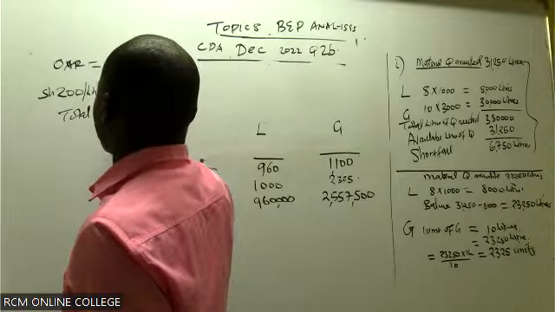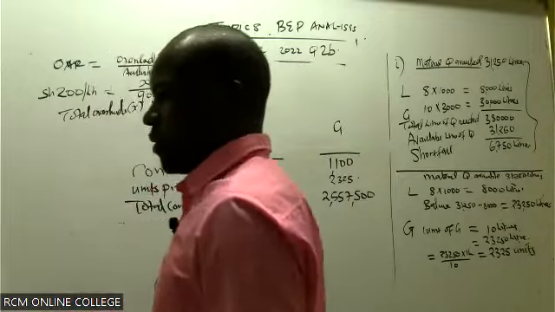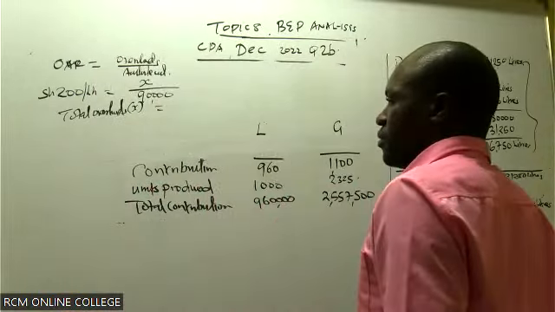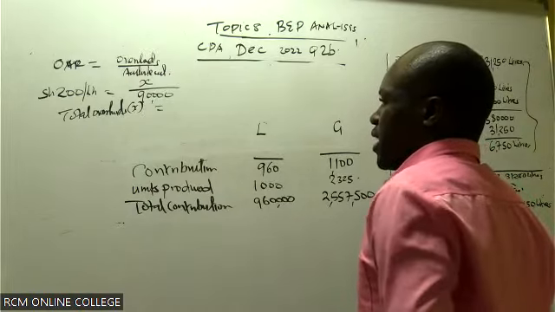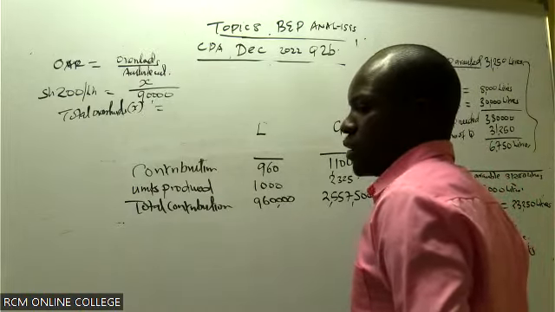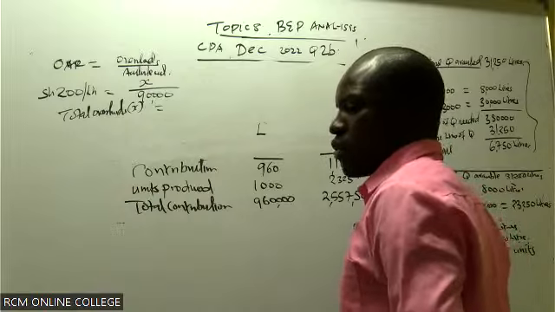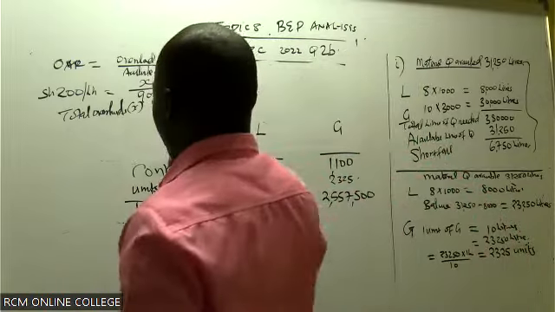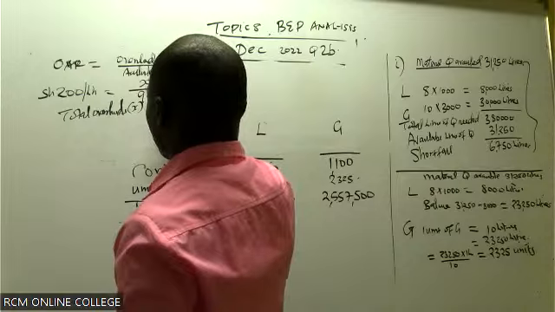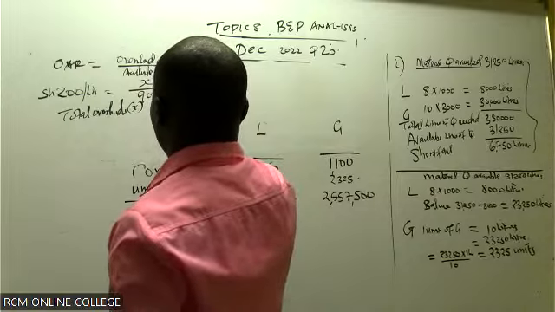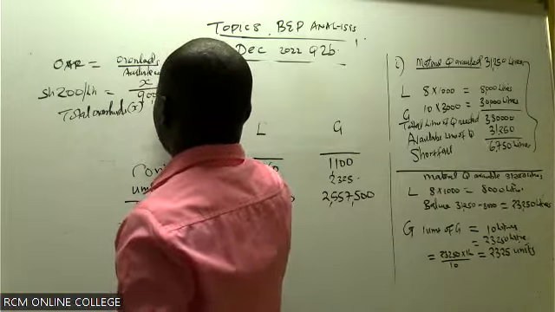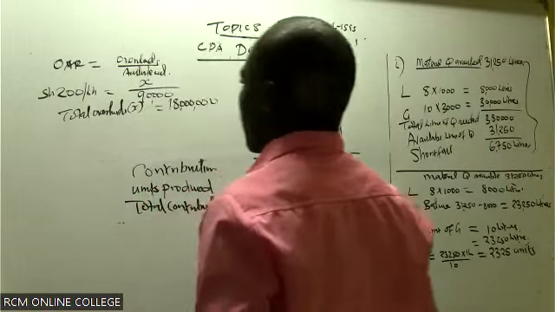X will basically be equal to 90,000 by 200. How much will it be? Everyone should be able to get X.